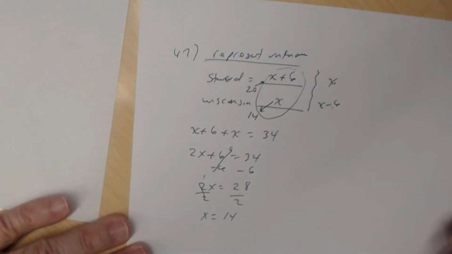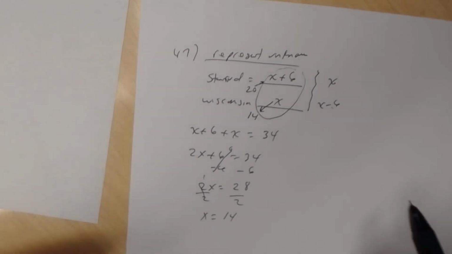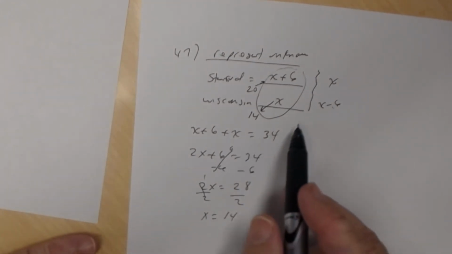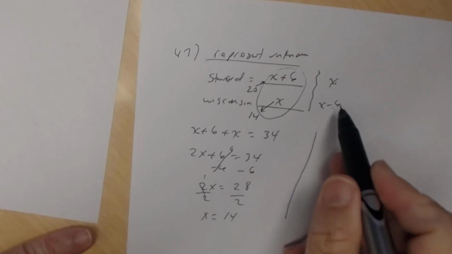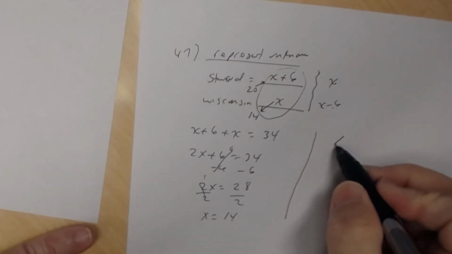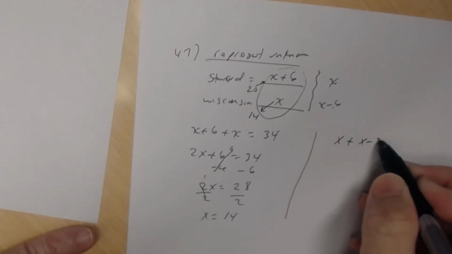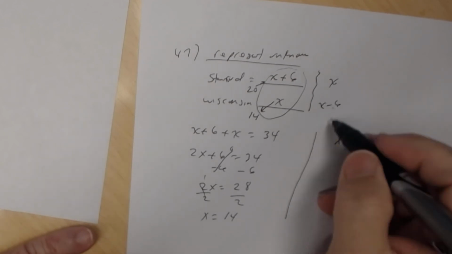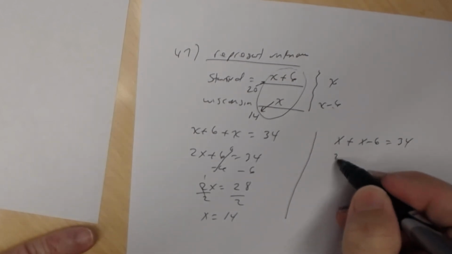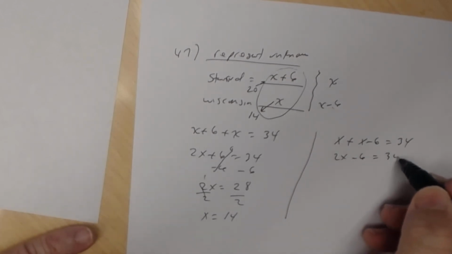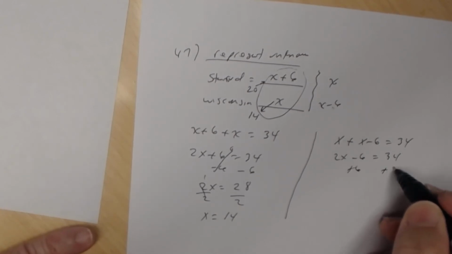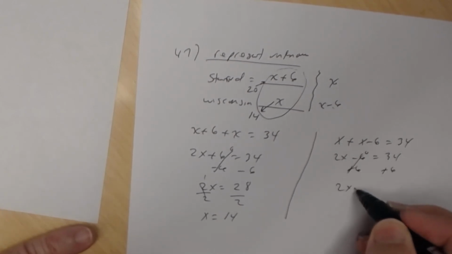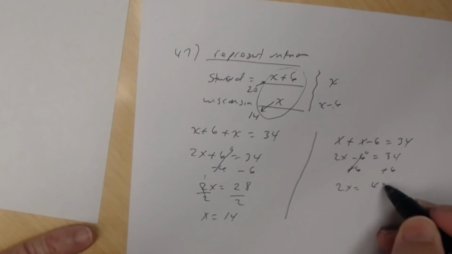Okay? All right, now, if I use these two expressions, notice how it changes. So we're going to say x plus x minus 6 equals 34. They still add up to be 34. Combine like terms, I get this. Add 6 to both sides. I get 2x equals 40.